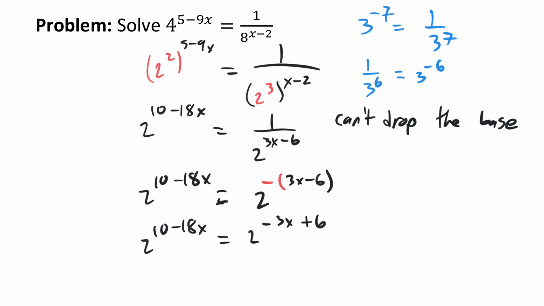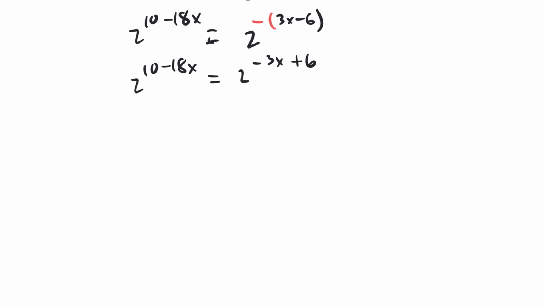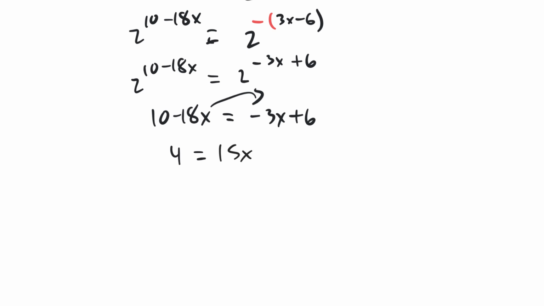Okay, they're both powers of 2. So now we're good to go. This is going to be 10 minus 18x equals negative 3x plus 6. I'm going to kick the x to this side here. So that's going to be 4 equals 15x. So x equals 4 over 15.